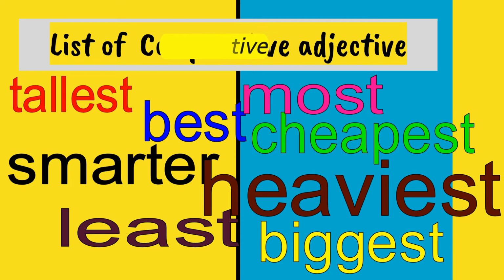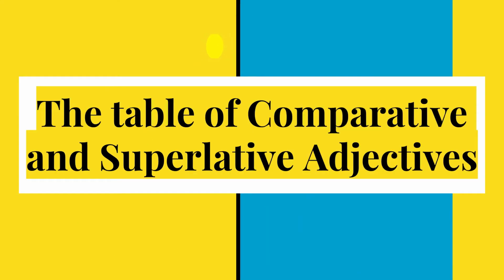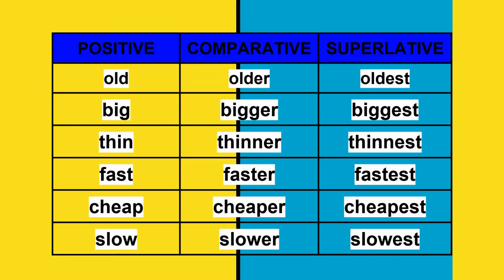Alright? So let's look at the adjectives we put into the table, so you can see the difference. Positive: old, the comparative is older, the superlative is oldest. And the rest of the words: big, bigger, biggest; thin, thinner, thinnest; fast, faster, fastest; cheap, cheaper, cheapest; slow, slower, and slowest.